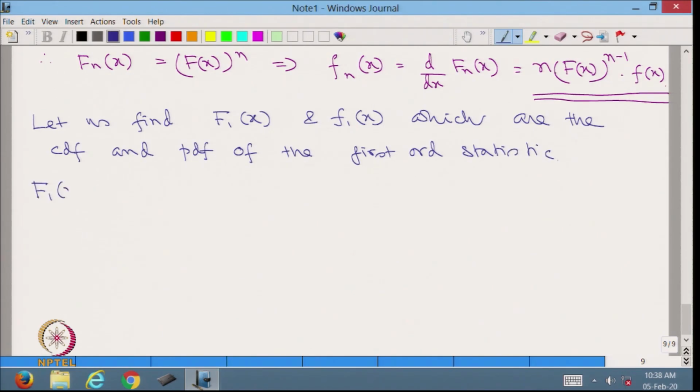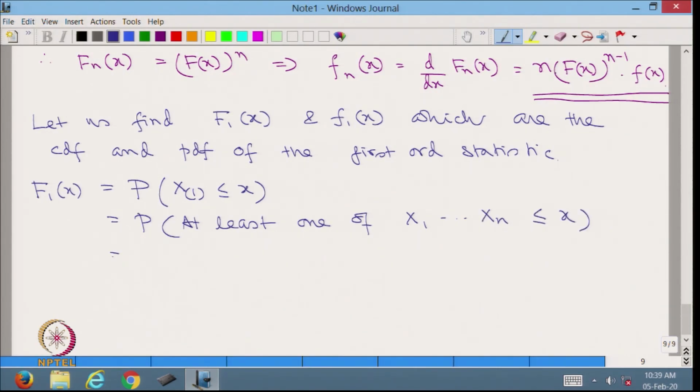So, F1(x) is equal to probability X1 less than or equal to x, which is equal to probability at least one of X1, X2, ..., Xn is less than or equal to x, which is equal to 1 minus probability all of X1, X2, ..., Xn are greater than x, which is equal to 1 minus (1 minus F(x)) whole to the power n.